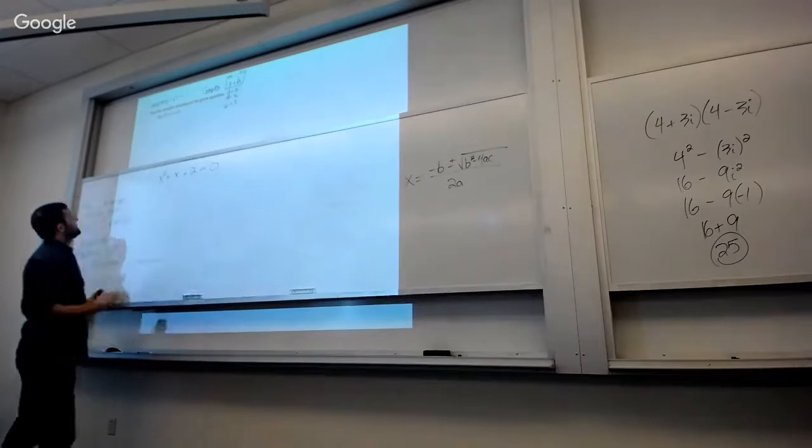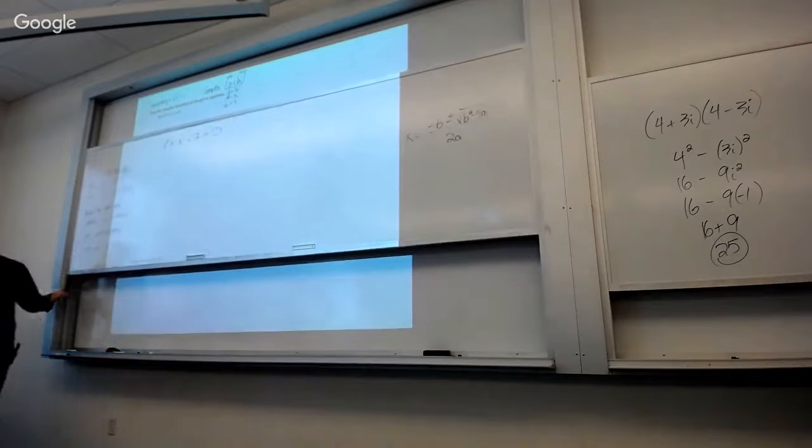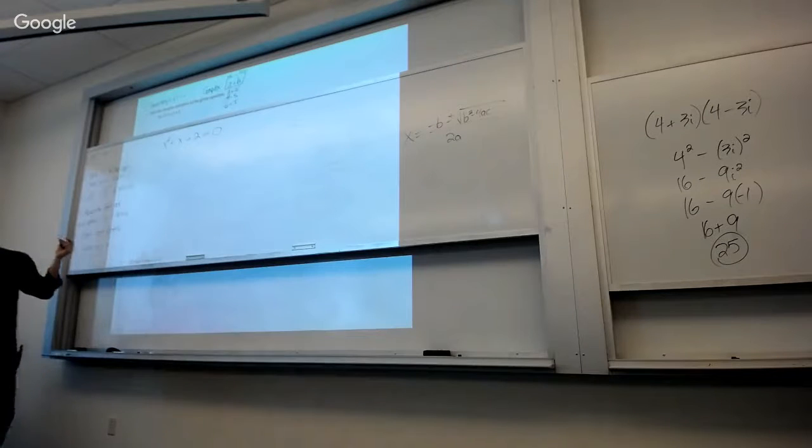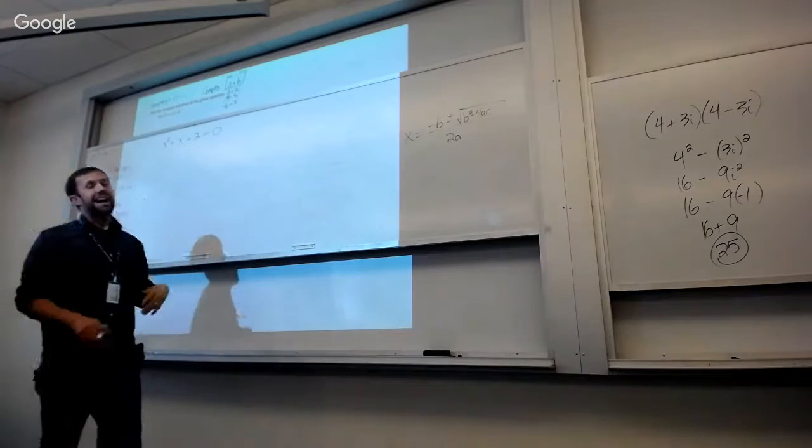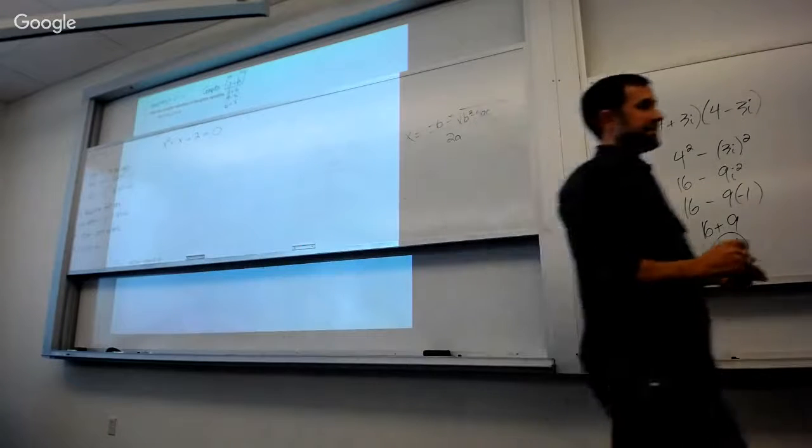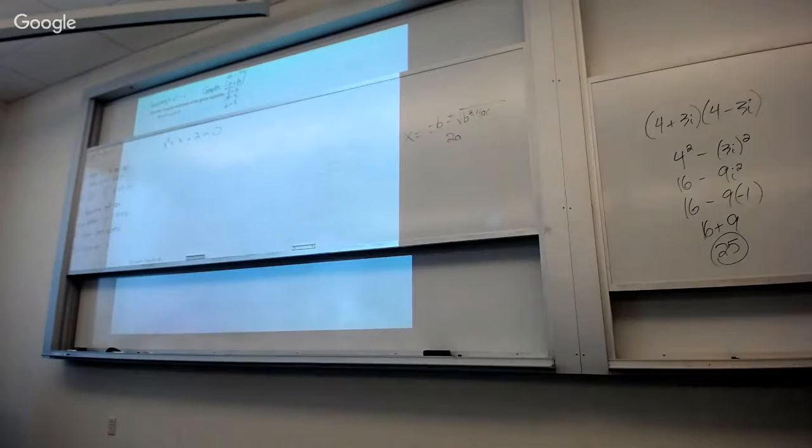Okay, so all that said, when it says find the complex solutions of the given equation, what does that tell us the answer is going to be? The answer will be partially imaginary. Some part of the answer will have an i in it. Now, what does that mean in terms of the parabola?